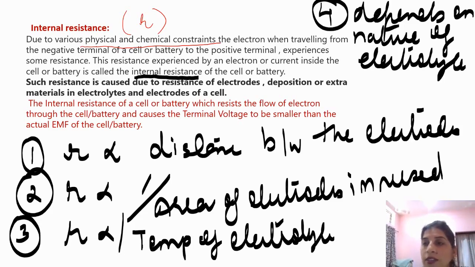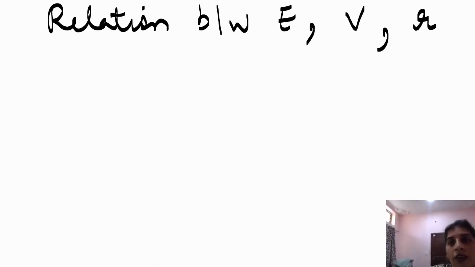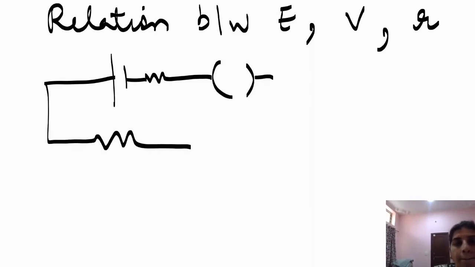Next, after this comes the relation between E, V and r. For getting a relation, I am taking one small circuit here. The key is closed.